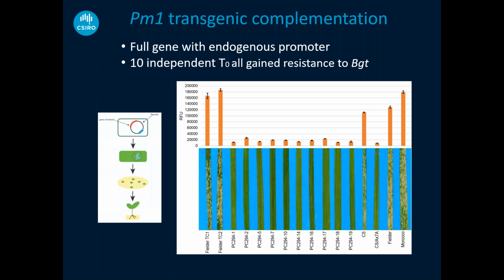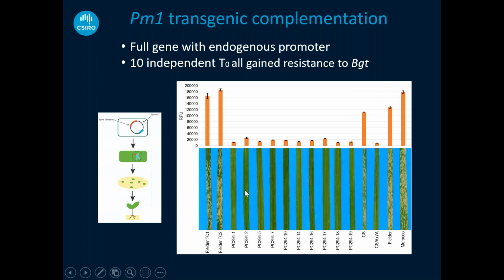The full gene with its endogenous promoter was transferred into Fielder, a susceptible variety, and this yielded 10 independent transformants that all gained resistance to this particular race of powdery mildew.